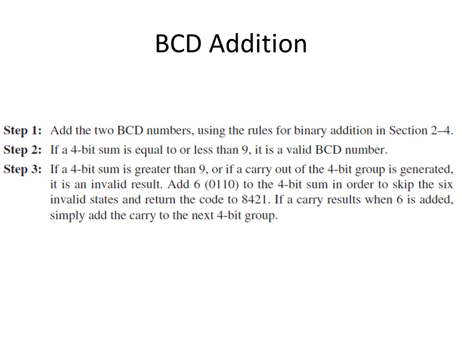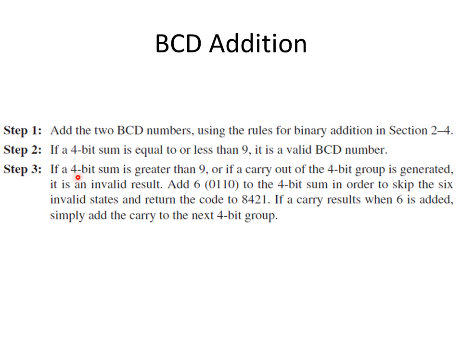BCD additions. Add two BCD numbers using the rules for binary addition. If a 4-bit sum is equal to or less than 9, it is a valid BCD number, since 0 to 9 are valid BCD numbers.